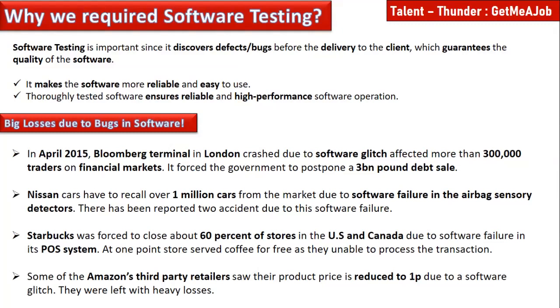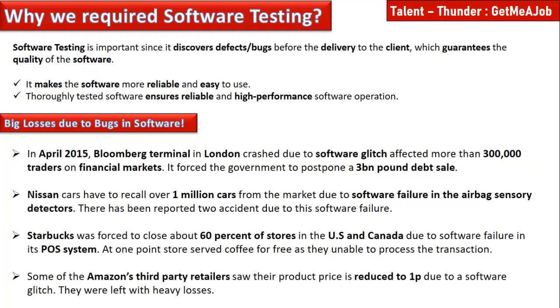So this is the first instance. Another instance is with Nissan, one of the biggest car manufacturers in the market. They had to recall 1 million cars from the market because their airbag sensor was not detecting accidents. After putting the cars in the market, in a few instances they found their airbag was not working as expected.